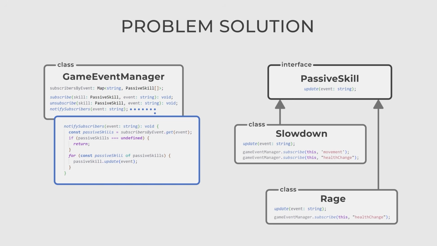Any concrete passive skill can subscribe to any event that Game Event Manager emits. When the notify subscribers method is called with the event, the Game Event Manager will call the update method for all subscribers listening to that concrete event. Thus, each passive skill will know exactly when it should work.